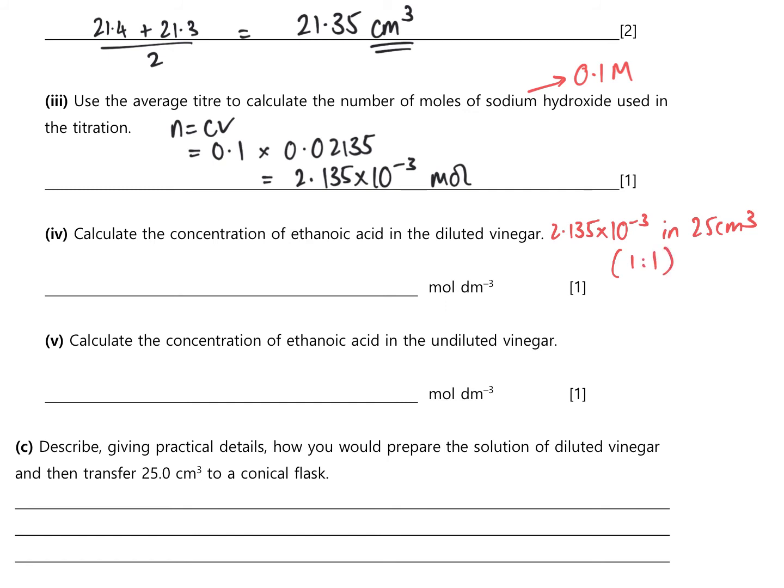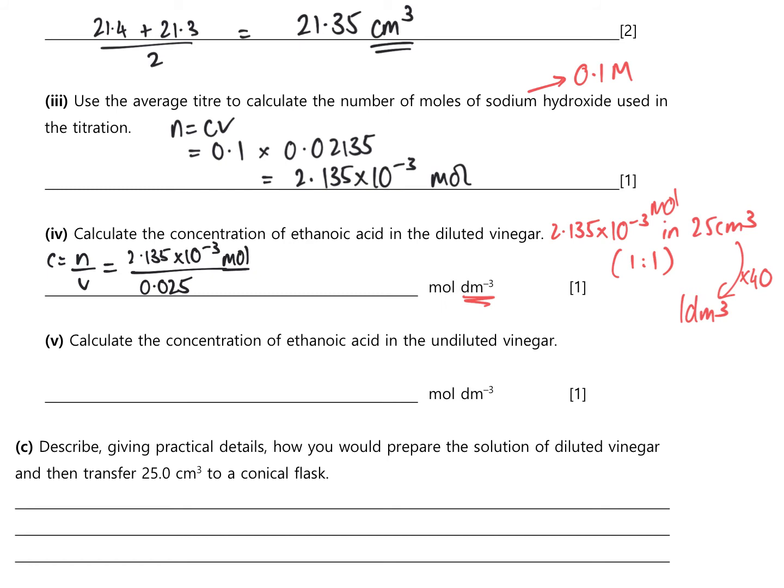And we're essentially working out what is the concentration in moles per decimetre cubed. So you can either think of that as, well, if I've got that number of moles in 25 centimetres cubed, I would times that by 40 to get how many moles there are in 1 decimetre cubed, or literally just use your equation C equals n over V. Our number of moles in the conical flask is 2.135 times 10 to the minus 3 divided by our volume, which is 0.025, because that is the number of moles in our conical flask.